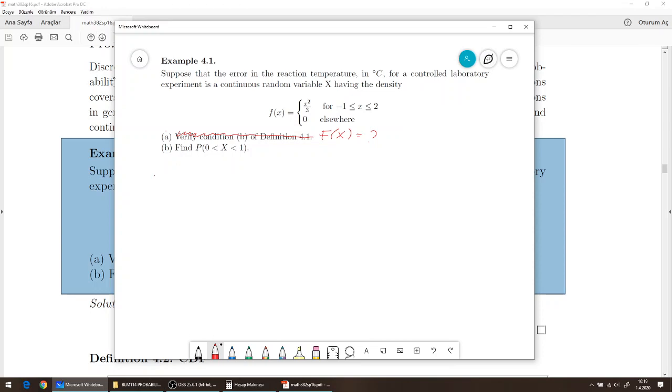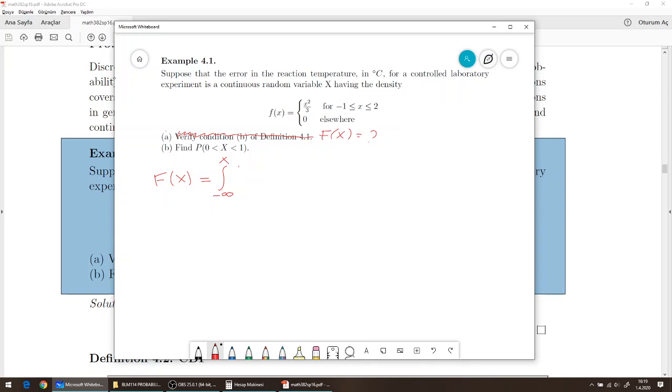Yes, uppercase F of x is what? The integral from minus infinity to x of t squared over 3 dt.